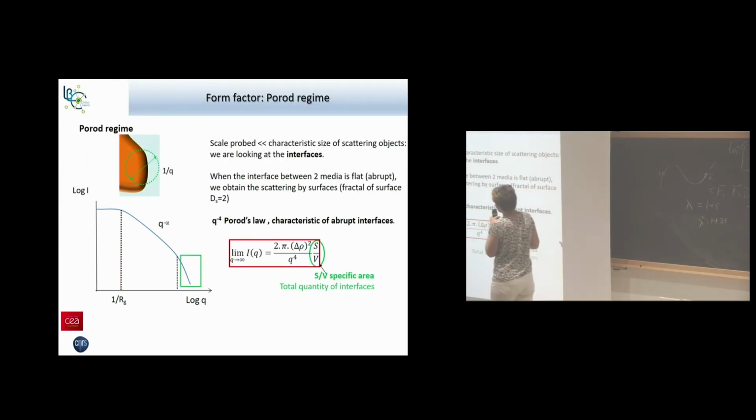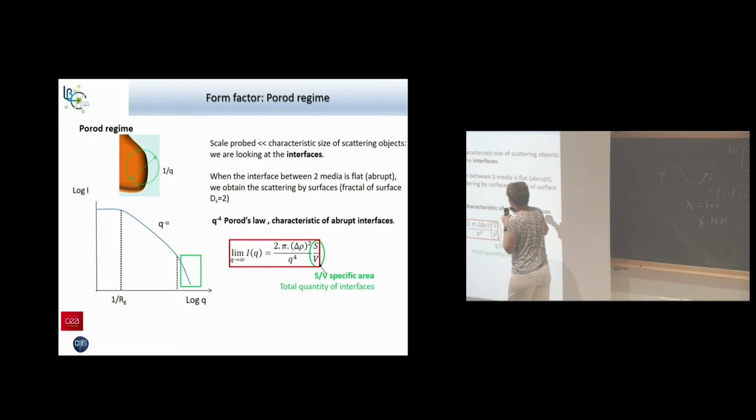Now I go to the Porod regime. At large Q value, we are looking at the interface, and at this scale, all the objects that we are looking at appear flat.